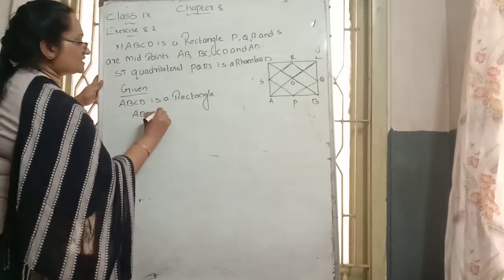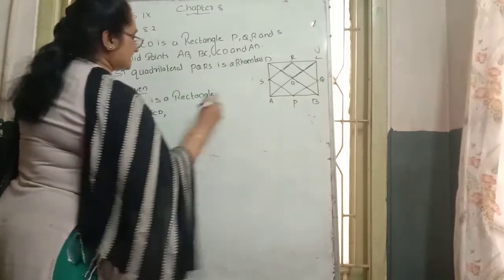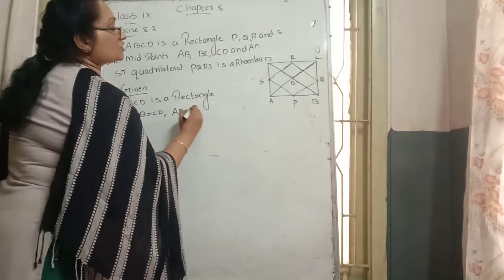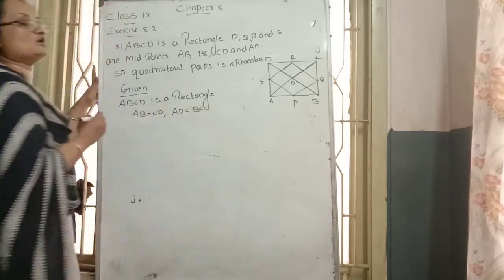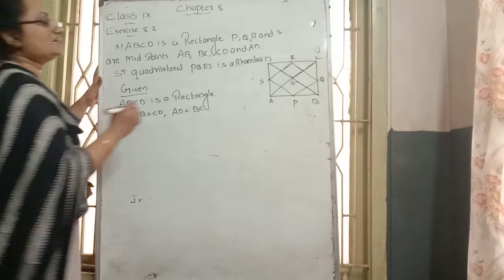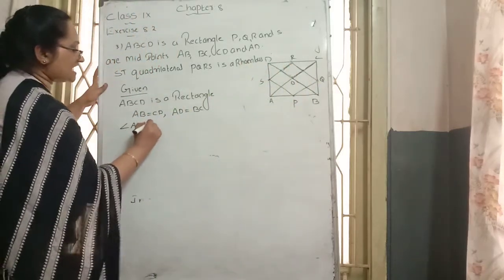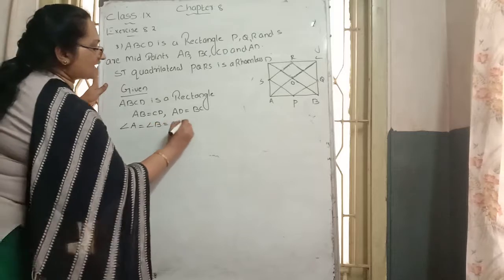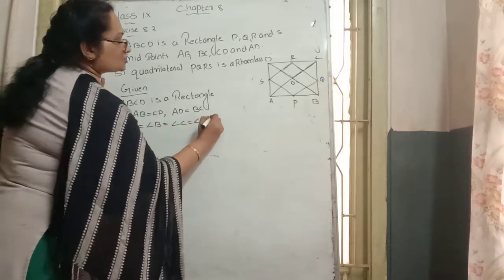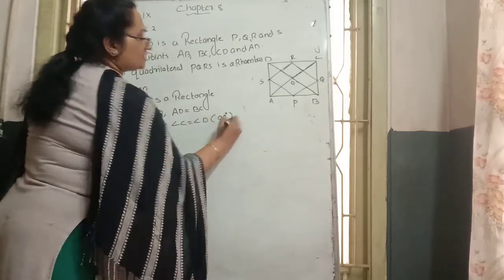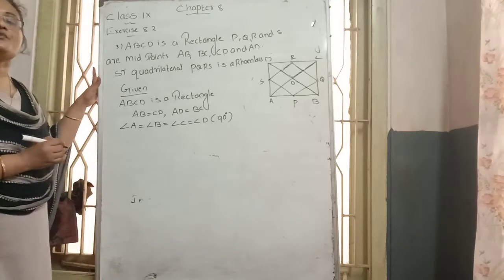Next, the opposite sides AD and BC are equal. Then all 4 angles become how many degrees? 90. Angle A, angle B, angle C and angle D, each of them is 90 degrees. These are the properties of a rectangle.